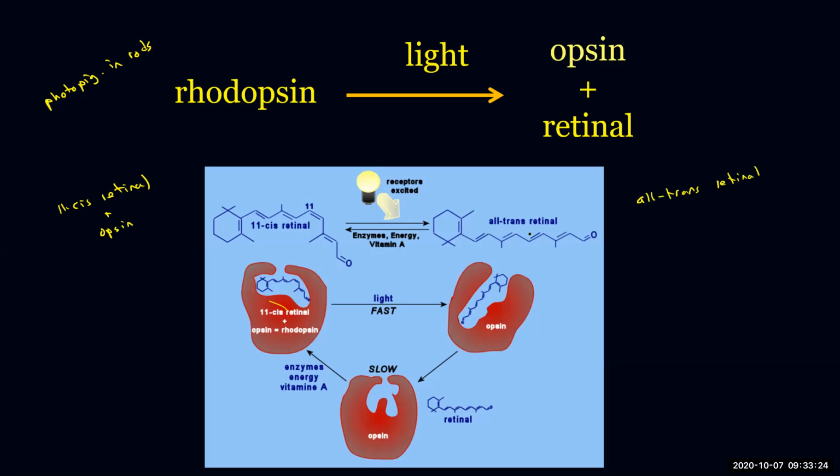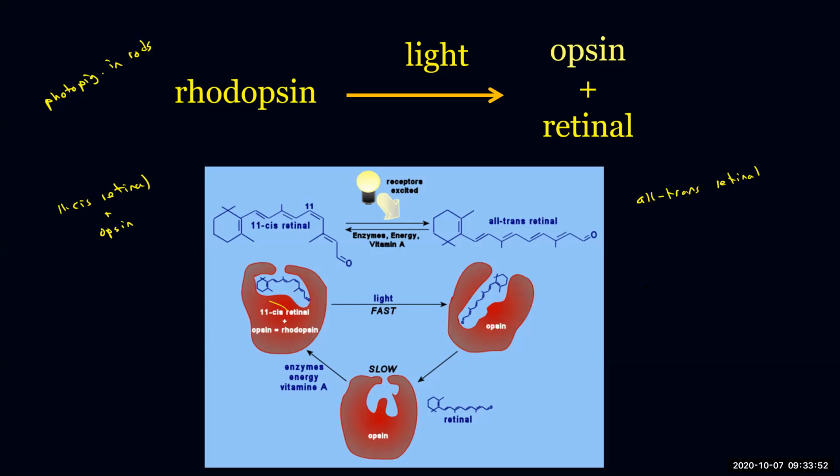Now, when we straighten this out, when light hits it, and through a series of events makes this all-trans-retinol, it changes the shape. When it changes the shape, it's going to interact with the opsin and change the shape of that. And it's actually going to allow these two things to separate.